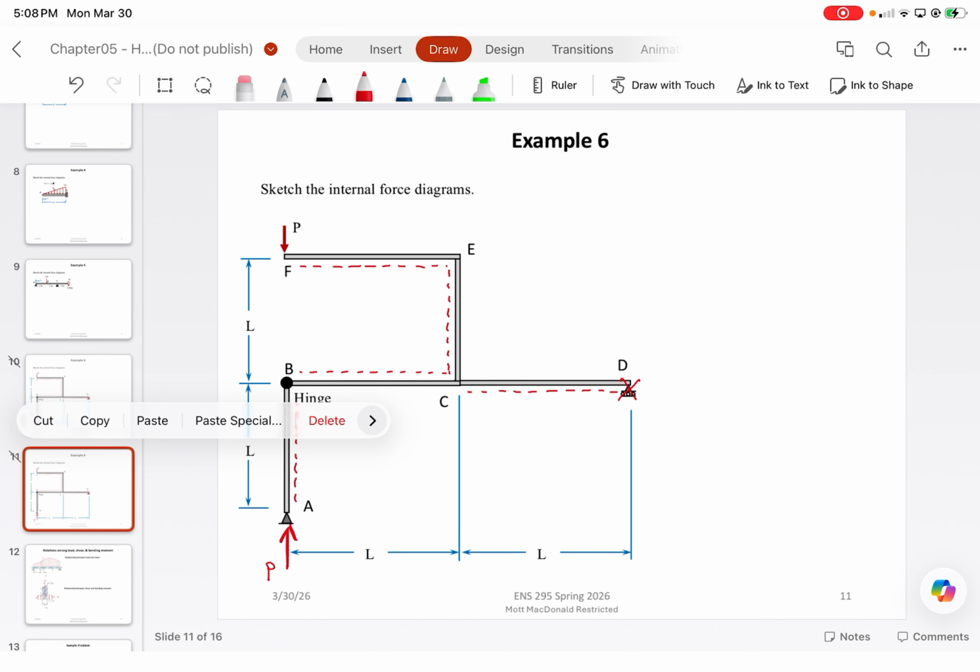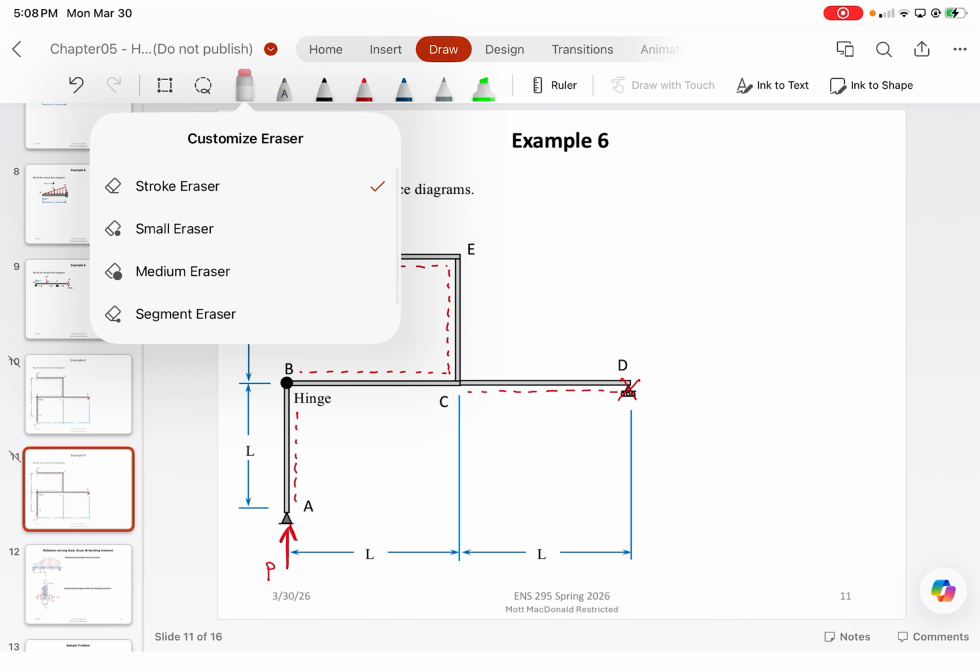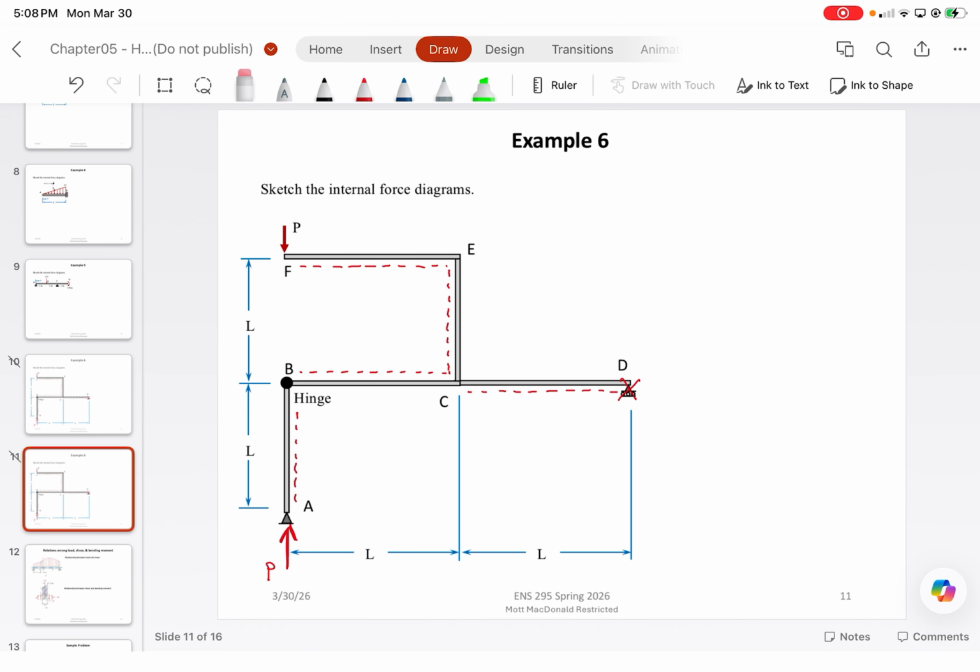All right, so if we cut a section just exactly through there. So let's cut a section directly through FE.